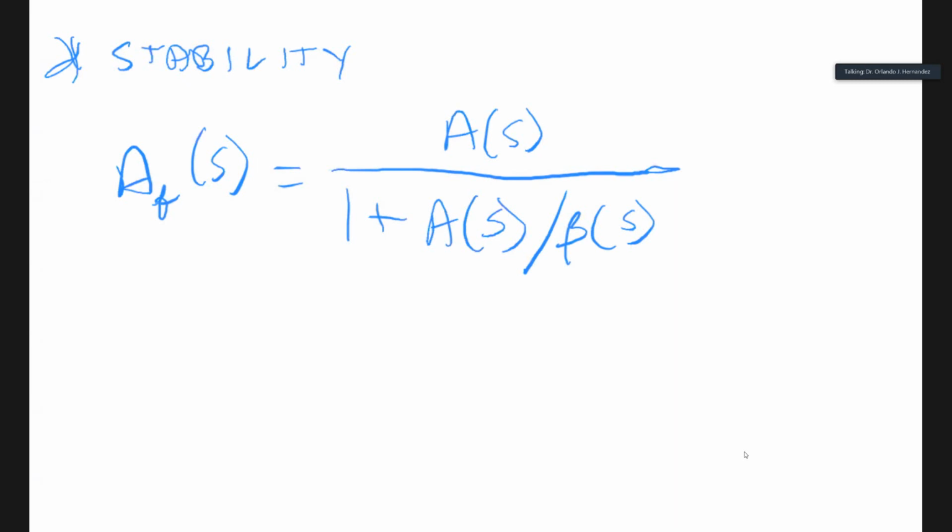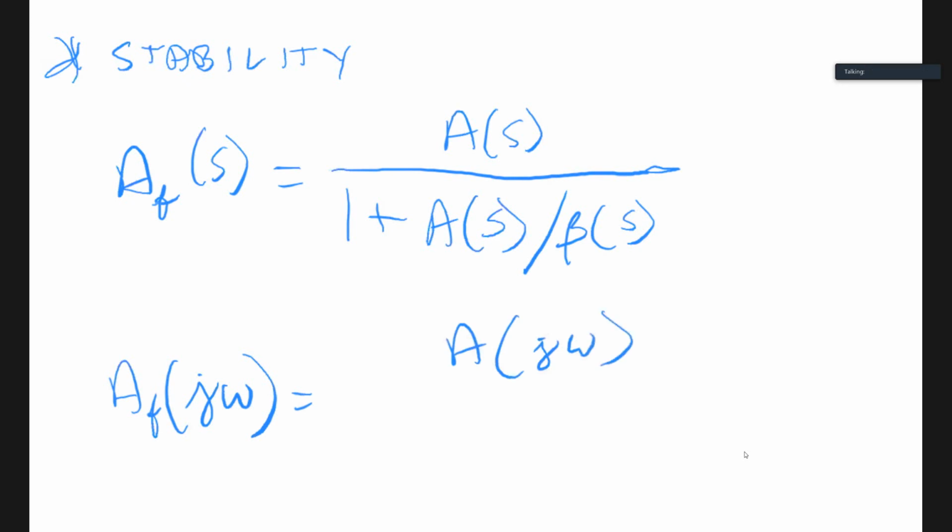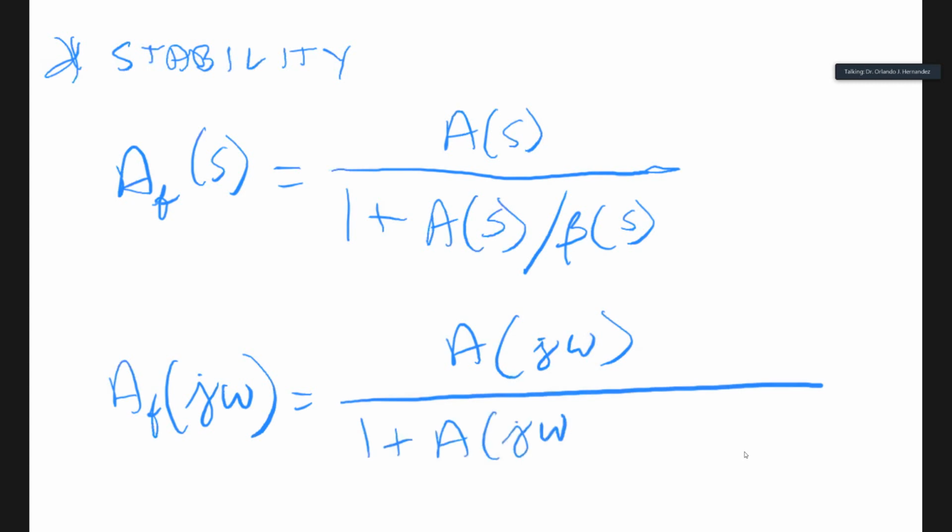And then if we take a more direct frequency view of it, we can write the expression in terms of j omega. So that gives us a complex quantity for the closed loop response of the system.